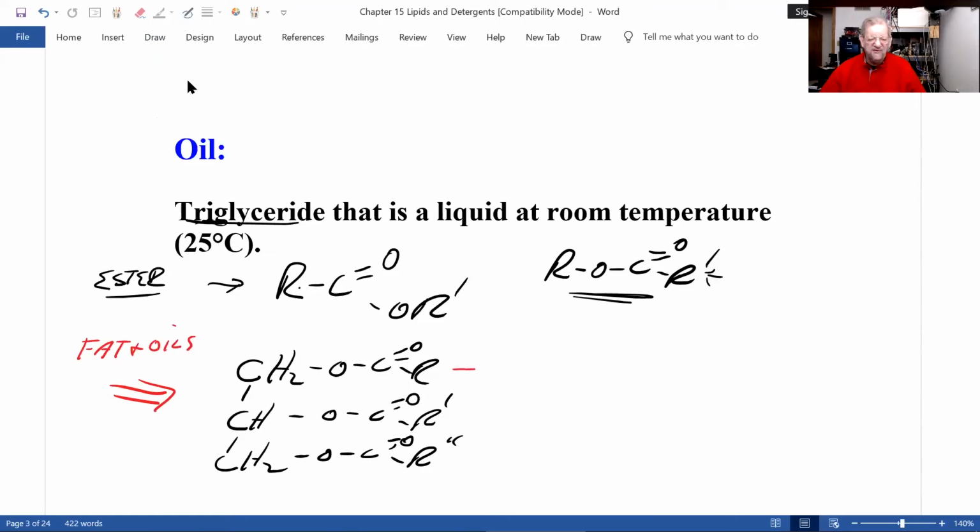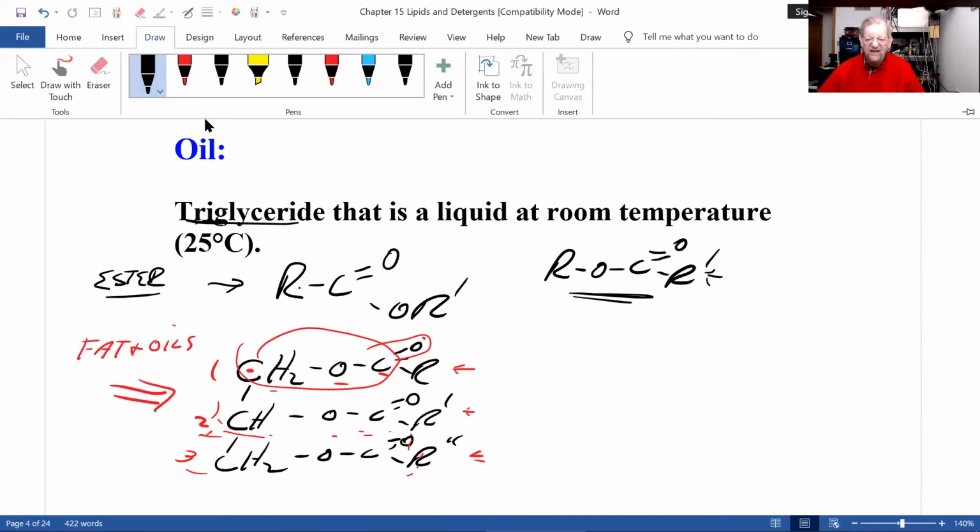The only thing that differs is what's R prime, R double prime. If you notice right here, I have an ester, also that carbonyl, the oxygen here, ester. I have another one here, and I have a third one here. So there's 1, 2, 3 esters, which is why it's called a triglyceride or triester. So all fats and oils have this structure.